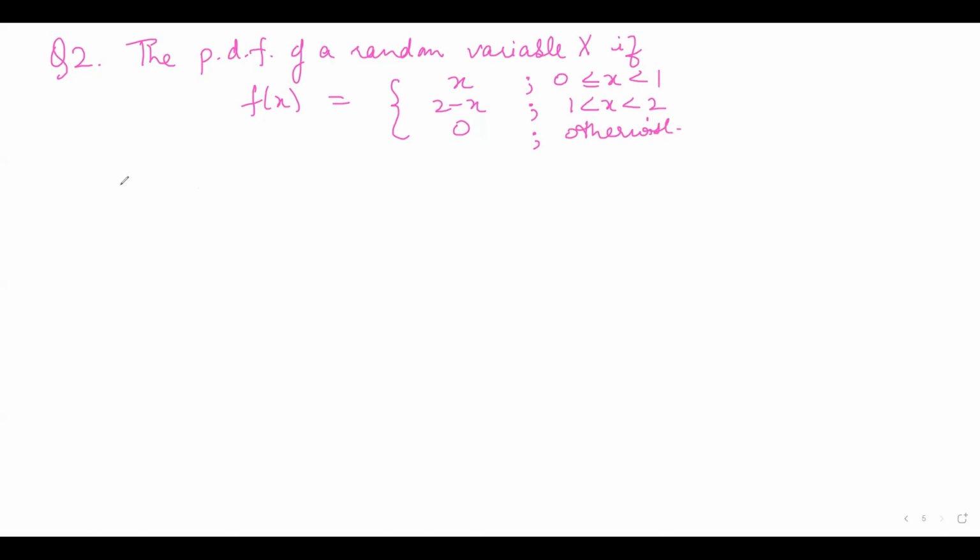Now find the probability of x greater than or equal to 1.5. And in the second part, you need to find the distribution function. So I'll just write CDF, that is capital Fx we need to find.